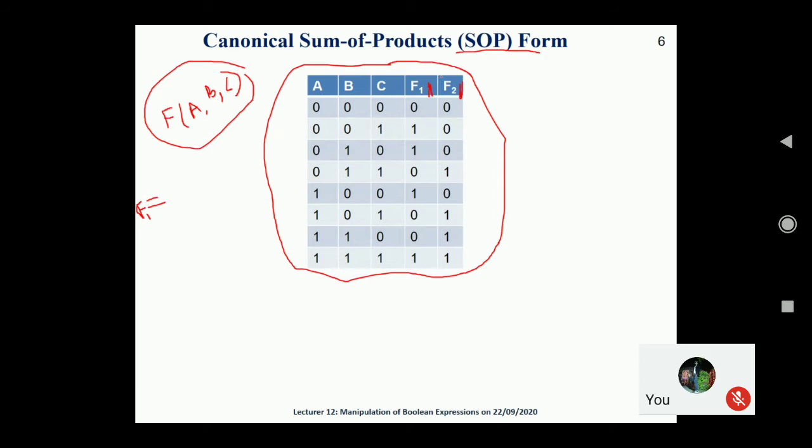When we are using the SOP form, we always use the concept of min terms.